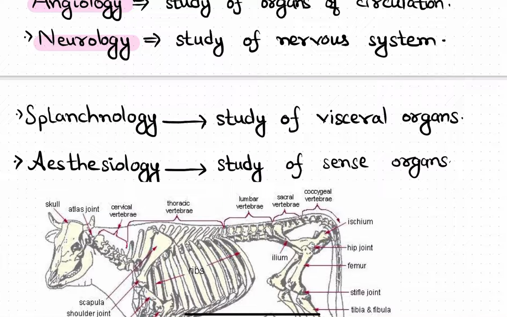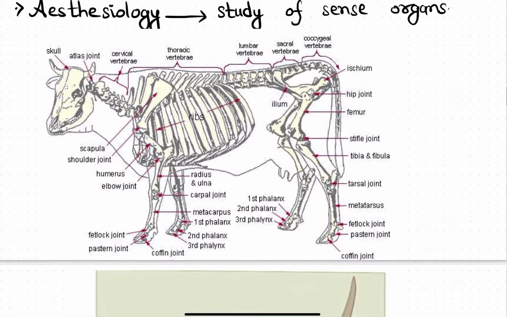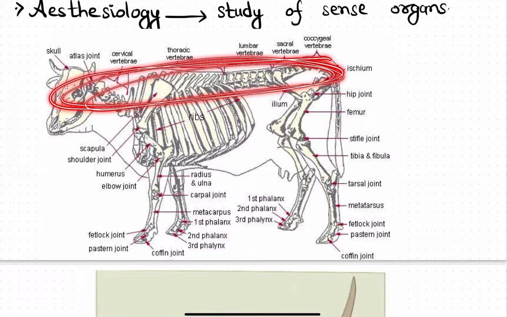Now there is a diagram of an ox given in the notes, where you can easily see the skull. This is the atlas joint, this is the cervical vertebra. Then we have thoracic vertebra, then lumbar, then sacral, then coccygeal. So what is this? This is the vertebral column.